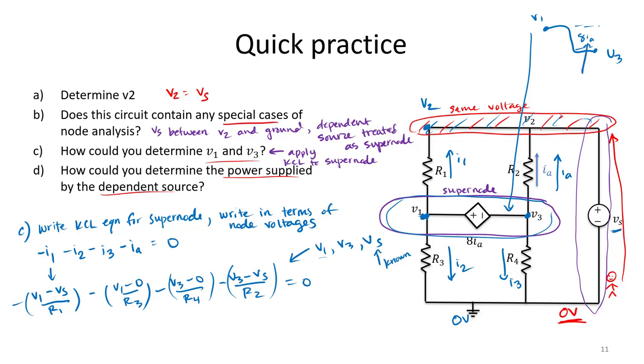And we know what IA is, and we can write IA in terms of V3 and Vs. So we will actually end up with 2 equations and 2 unknowns.